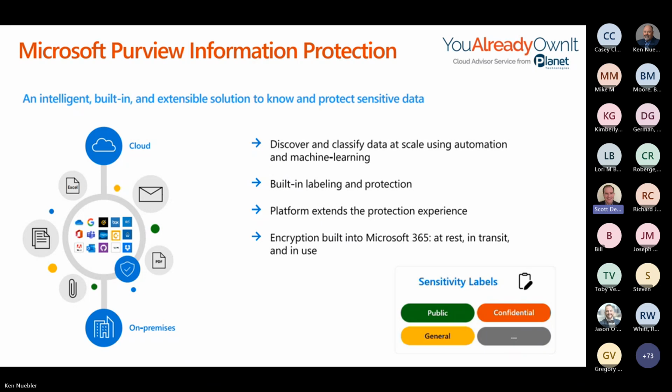This allows us to effectively implement data loss prevention policies across the organization. Based on these labels, we can define DLP policies that are placed on the content wherever it exists within our organization. It doesn't just have to be in one particular place.